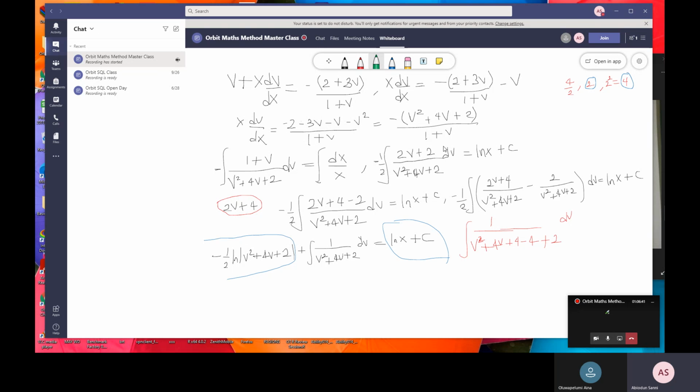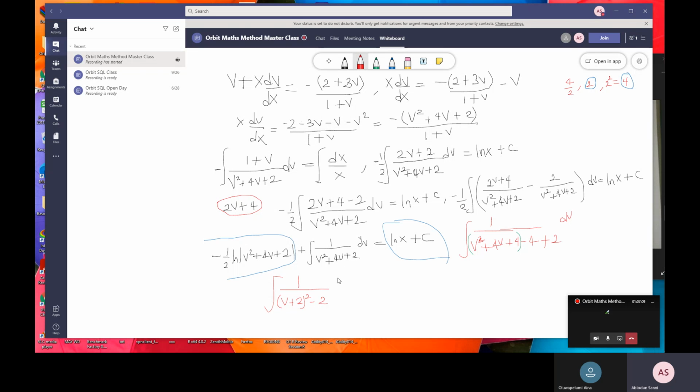So from this place to this place, I have a complete square. So I'm going to have the integral of 1 all over, that's apparently v plus 2 all squared. Do you agree? Minus 4 plus 2, that is minus 2.